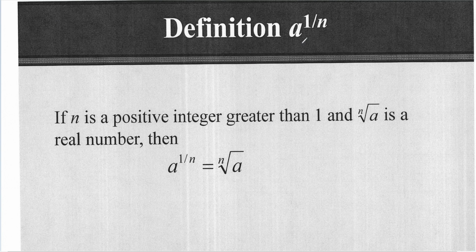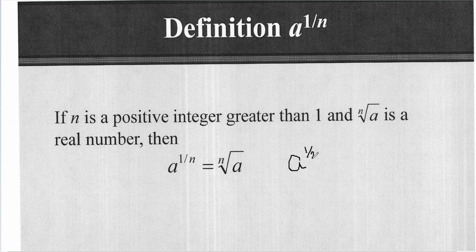Here's our definition of a to the 1 over n, the rational exponent, and this really gets into some fun problems to solve. If n is a positive integer greater than 1 and the nth root of a is a real number, then a to the 1 over n equals the nth root of a.